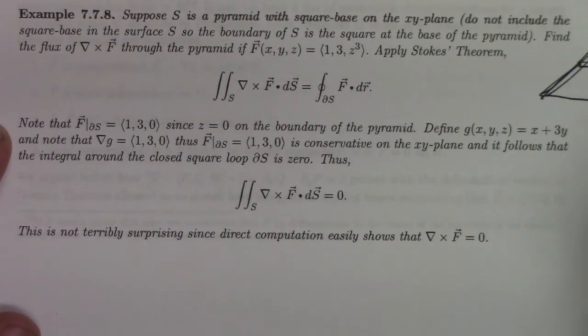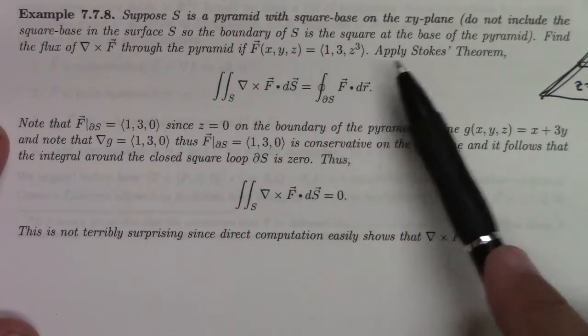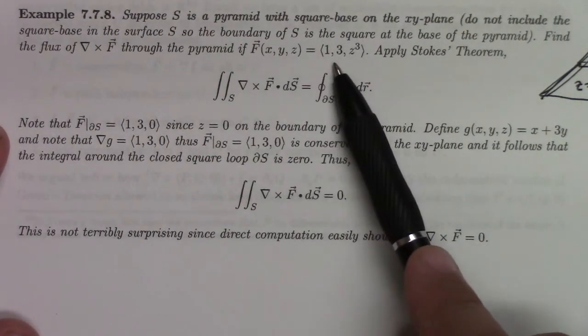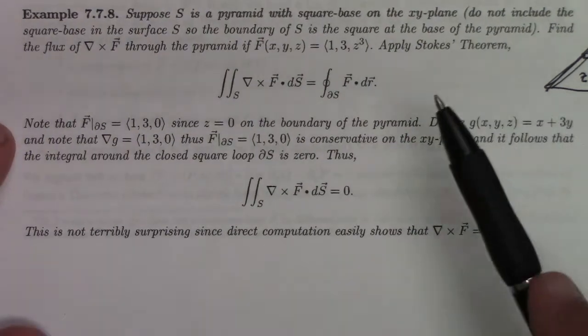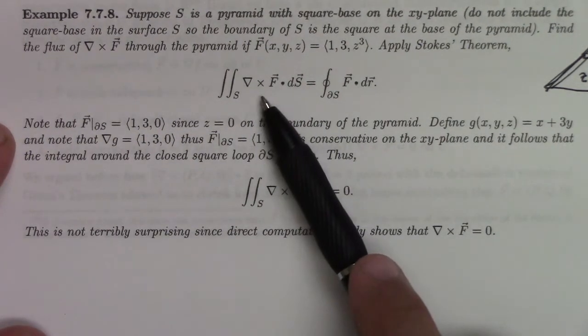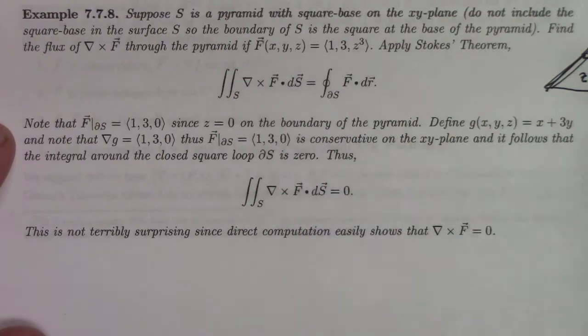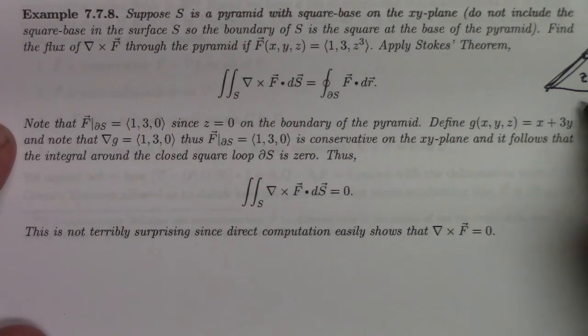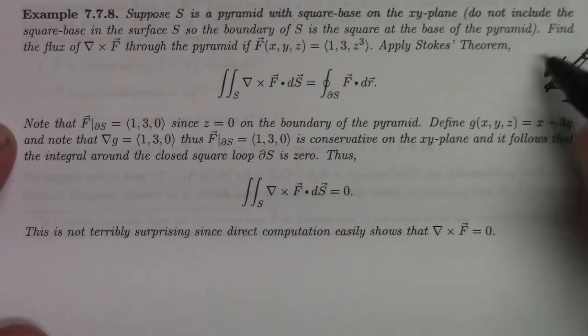So this is the xy plane, z equals 0 down here, and here's my vector field. And the thing is that vector field is differentiable everywhere. If it's upward oriented, that would mean that the boundary of S is like this, right? Like that.